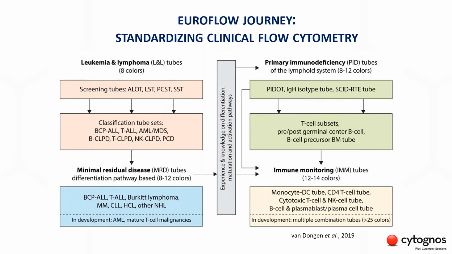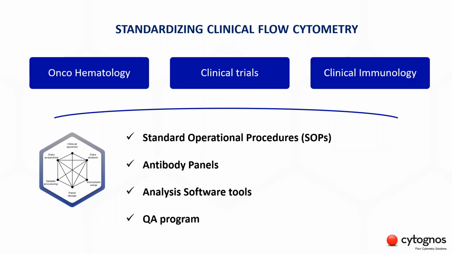And once they got this system in place for onco-hematology, they applied all their expertise and knowledge to primary immunodeficiency and to the immune monitoring field. So this method can be used in onco-hematology, for clinical trials also, and in the immunology area. This method includes the standard operating procedures, the antibody panels, the analysis software tools, and the QA program. So let's go over each of them.